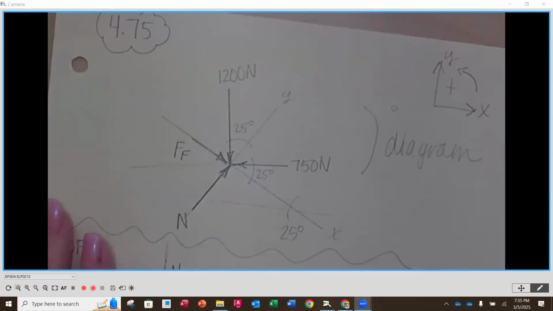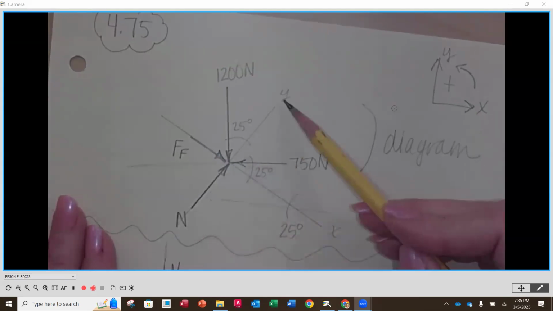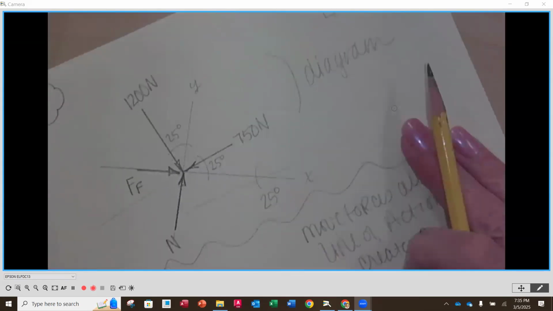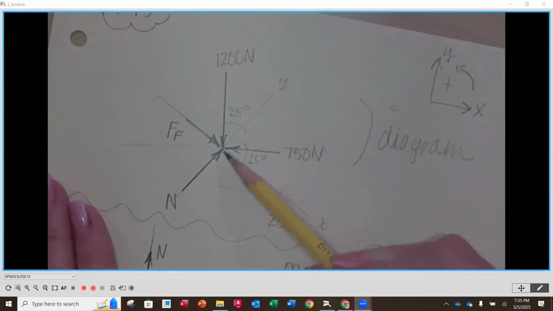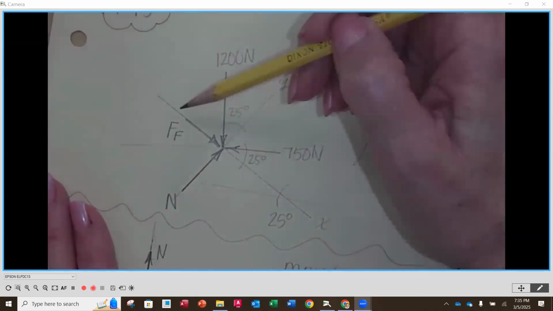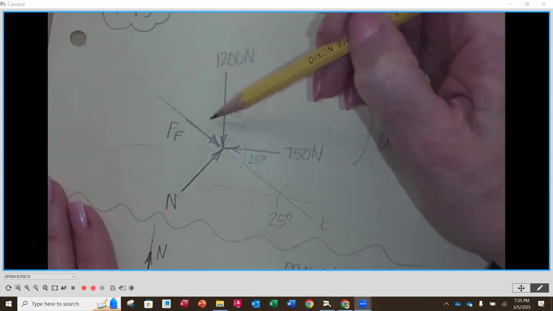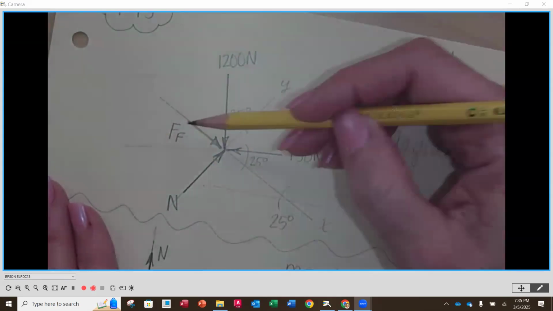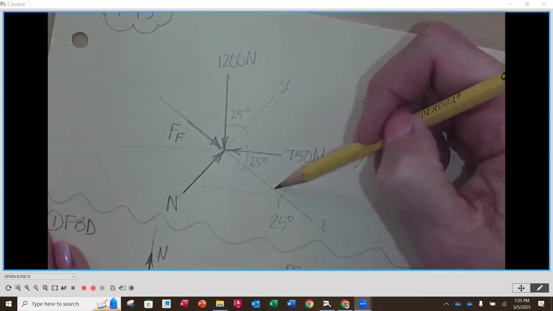So what I propose doing is tipping the X and Y axis so that the Y is in line with the normal, and perpendicular to it is the surface itself that is going to have the friction force on it, okay?